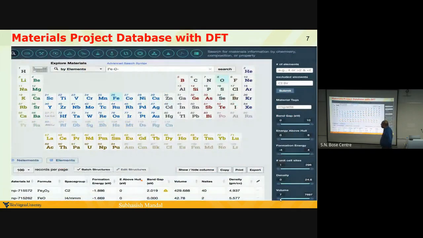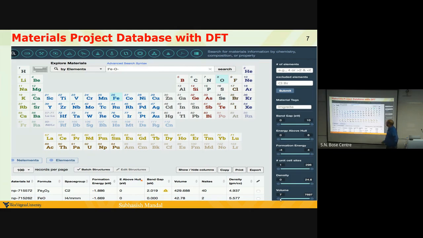And using artificial intelligence or data science, the first step is to have the data. Meaning, first step, you have to build the database. And there are databases that have become popular in the last 10 years or so. Few of them in the US, some of them in Europe.